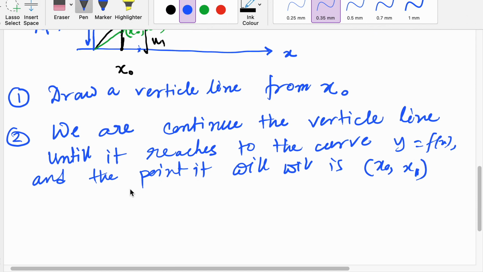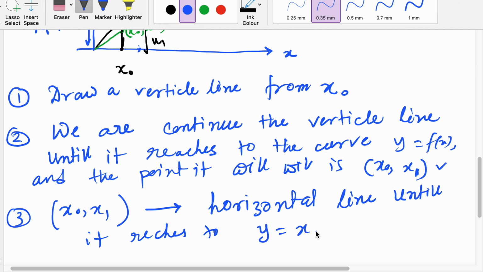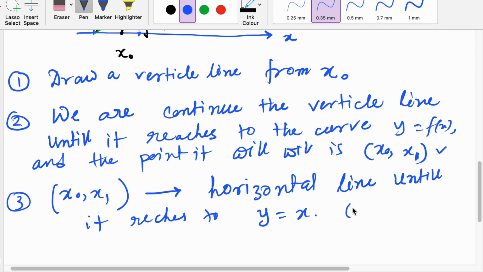After getting the point x0 x1, from x0 x1 we draw a horizontal line until it reaches y equal to x. The point will be x1 comma x1.